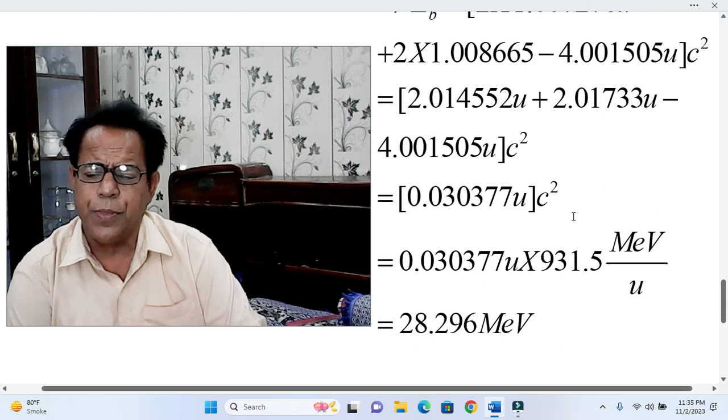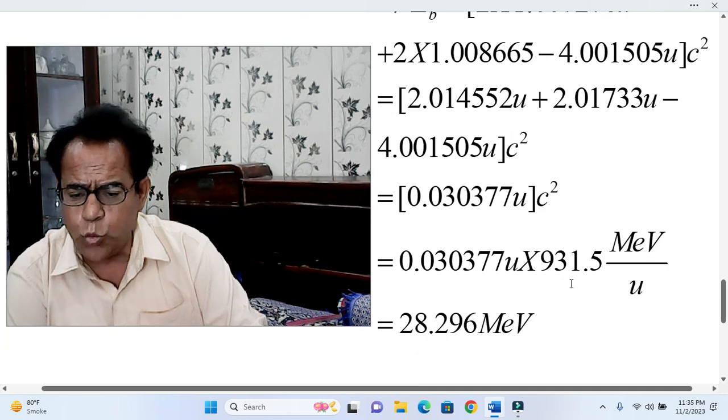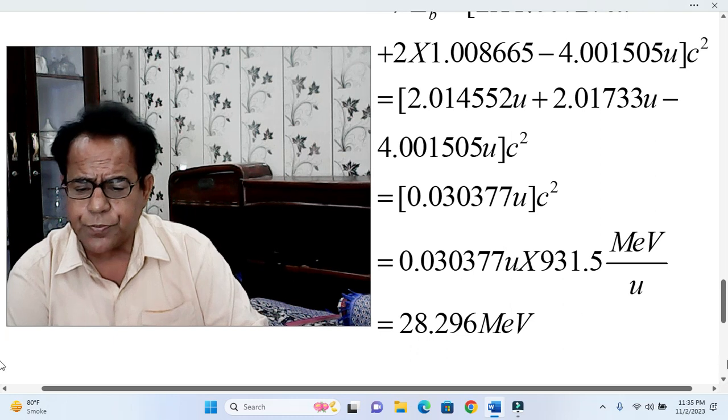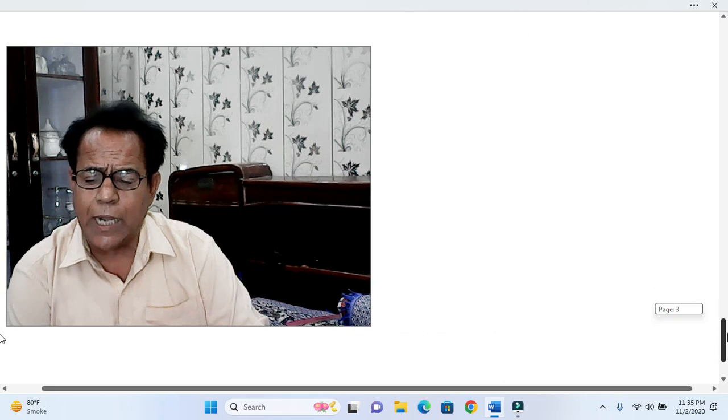Now we have put the value of c square as 931.5 million electron volt over u. This u will be cancelled with u, and our result will become equal to 28.296 million electron volt. What is this? This is the binding energy. So this is the end of our problem.